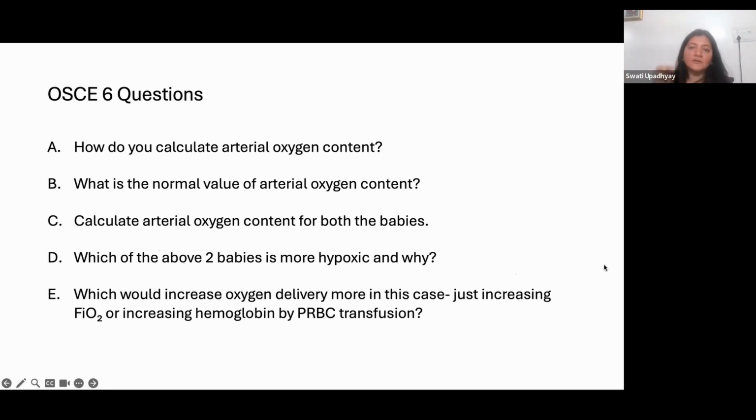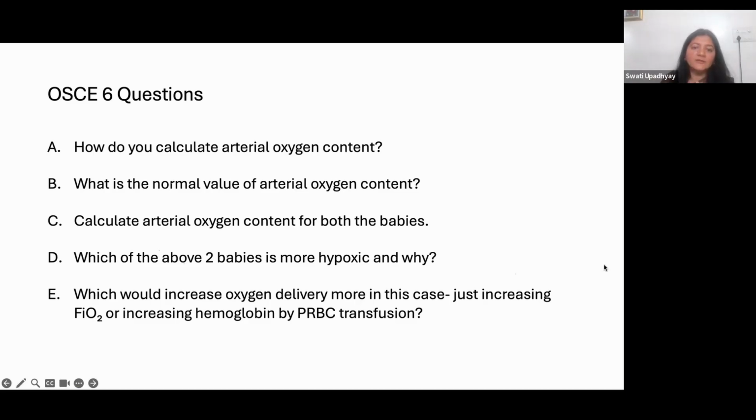A small amount of oxygen is dissolved in plasma as well, and that is quantified as 0.003 into PaO2. So, what is 0.003? As all of you have written in the answer, it is the solubility coefficient of oxygen in plasma. Adding both these components gives us the total arterial oxygen content. So the final formula is 1.34 into hemoglobin into SaO2 plus 0.003 into PaO2.